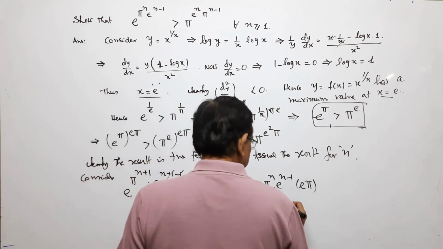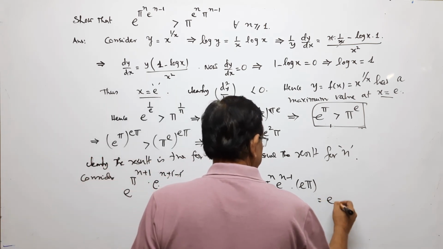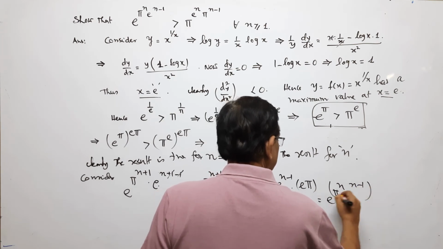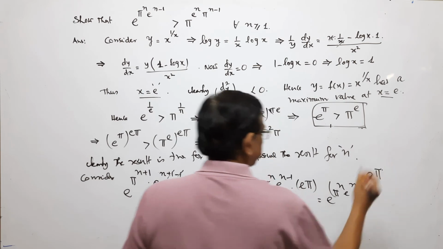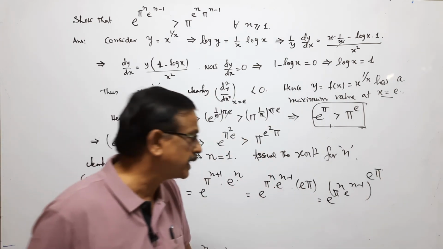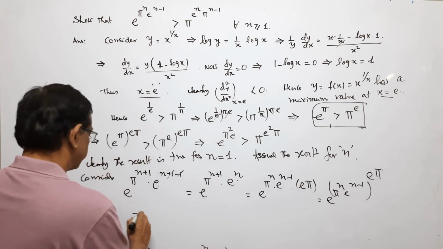Now this is equal to e power pi power n, e power n minus 1, e pi. A power mn is equal to (a power m) power n.